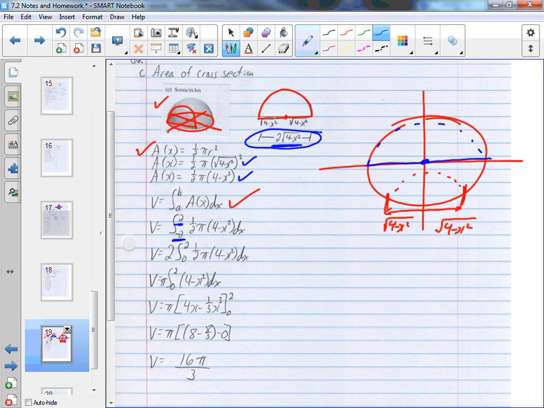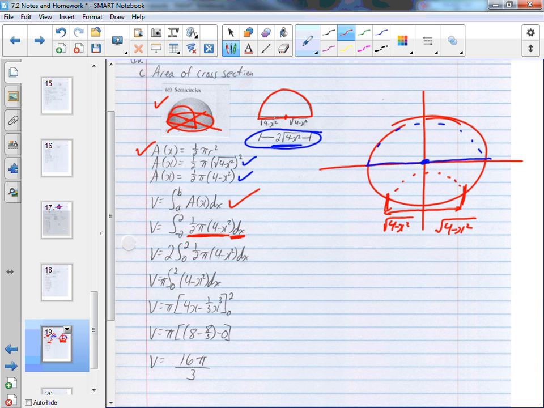So those are the boundaries of the graph. So from -2 to 2 of 1/2 times pi times the quantity 4 minus x squared dx. That's the area of the semicircle, and dx is the thickness of the cross-section that makes it a volume instead of just an area. With me?